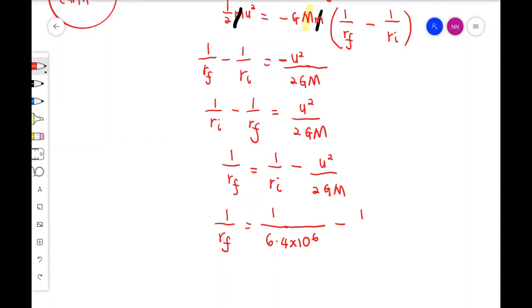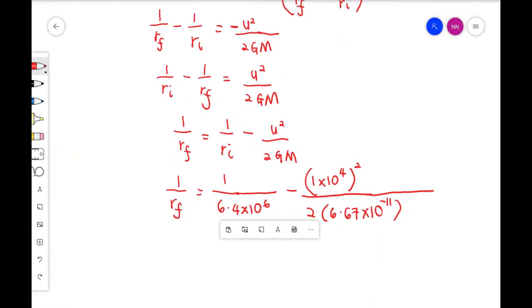U tadi dapat 1 times 10 to the power of 4 meter per second, so jangan lupa ini kena squared, over 2G, G 6.67 times 10 to the power of negative 11. And then M ni adalah mass of the point mass, mass of the Earth. Mass of Earth is 6 times 10 to the power of 24.